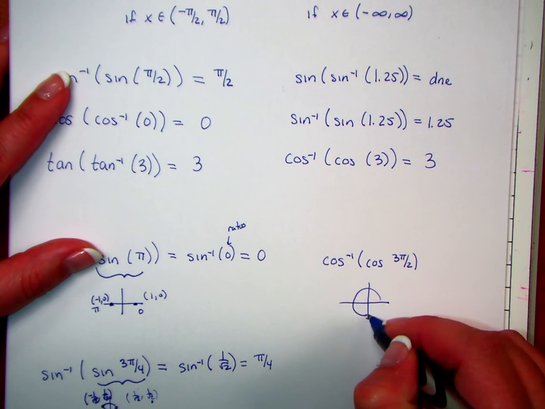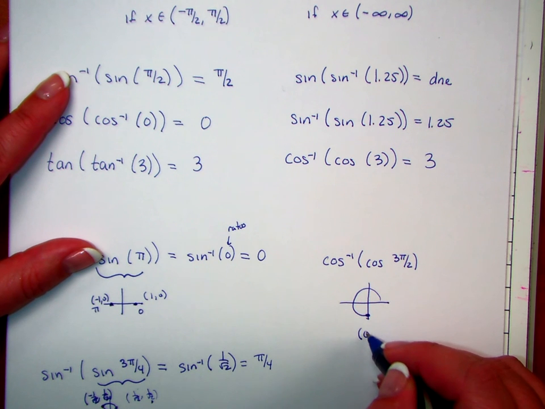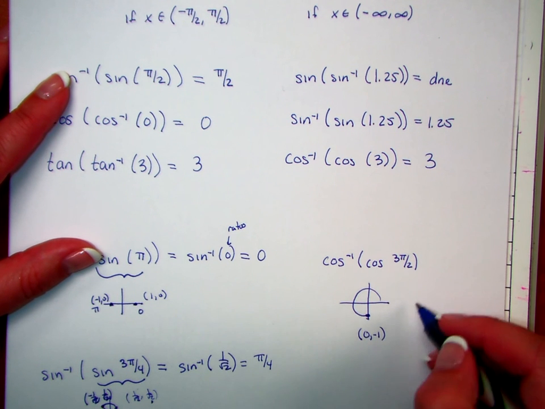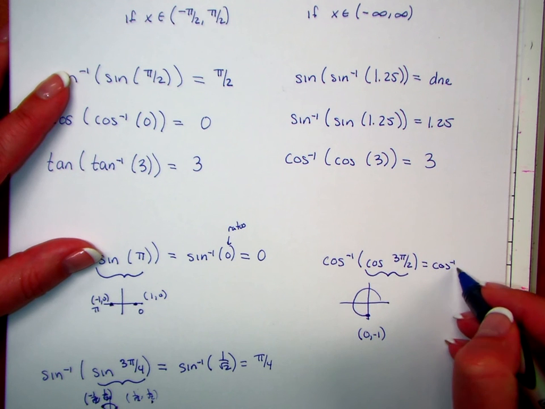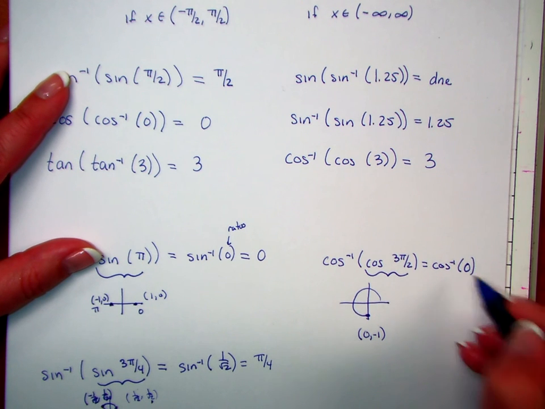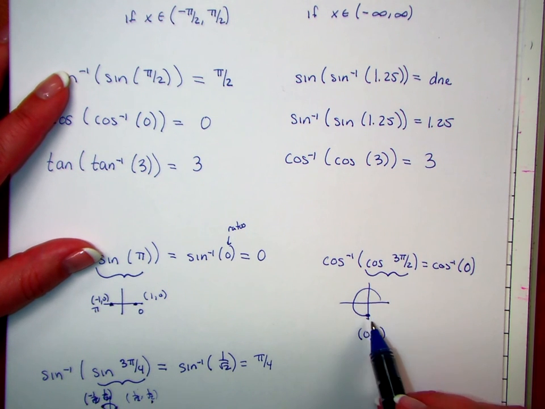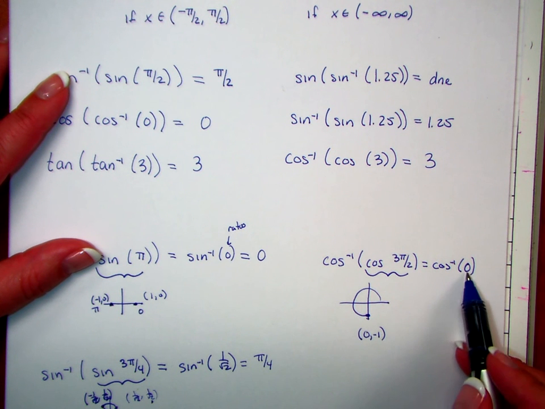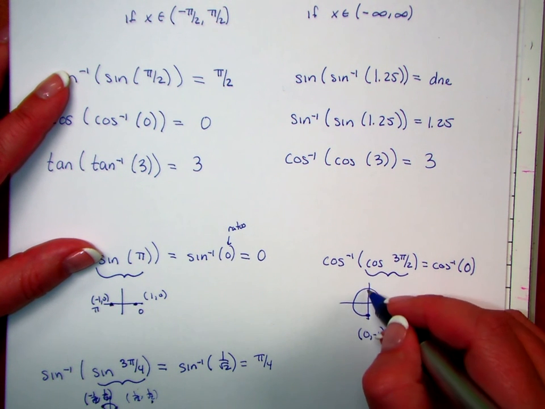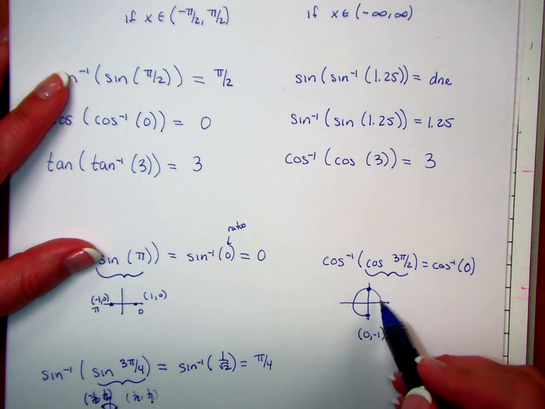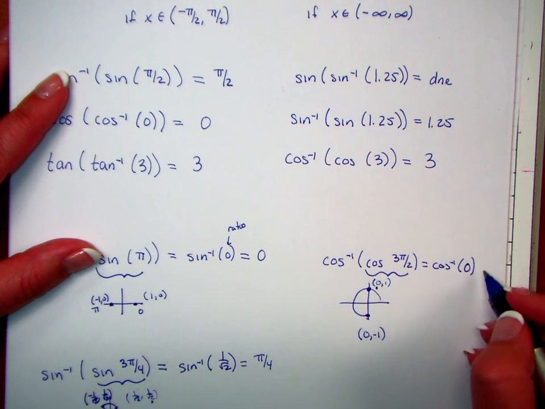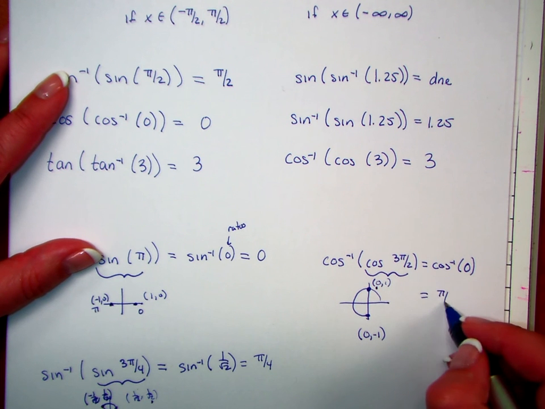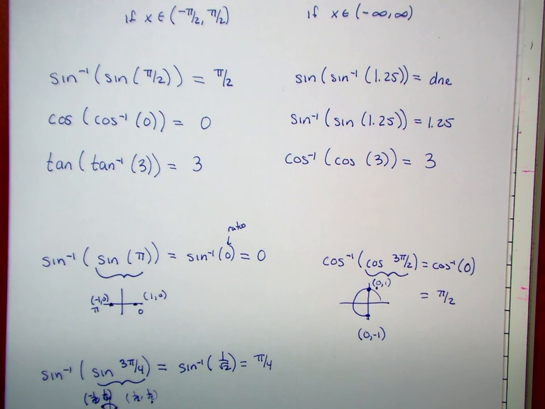The point on the unit circle here is 0 comma negative 1. So I'm going to rewrite this as cosine inverse of 0, because cosine of 3 pi over 2 is 0. Where else is cosine 0? We get this point up here where the x value is 0. So the angle is not 3 pi over 2, but rather pi over 2. We just have to translate it to the correct quadrant.